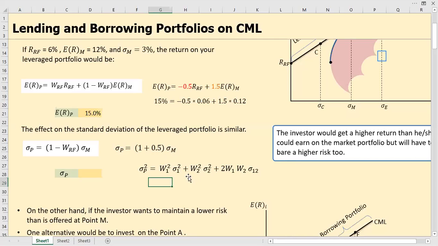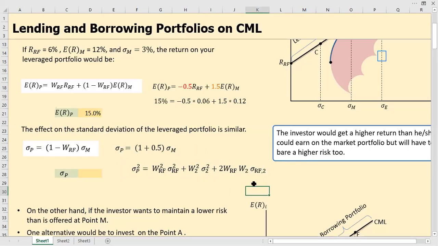So if you identify asset 1 in this formula to be the risk-free asset, let me rename it: asset 1 is the risk-free asset. If that is the case, you get it like this. RF, and asset 1 should also be RF.